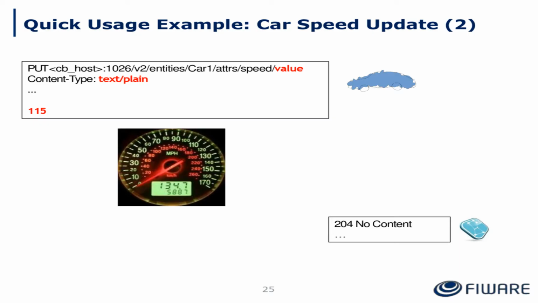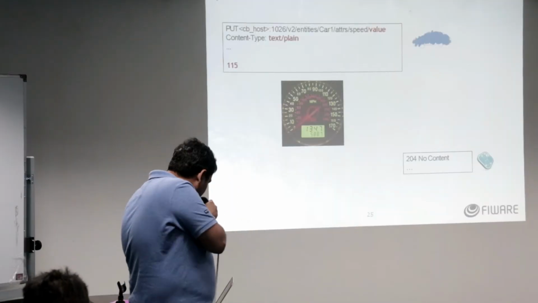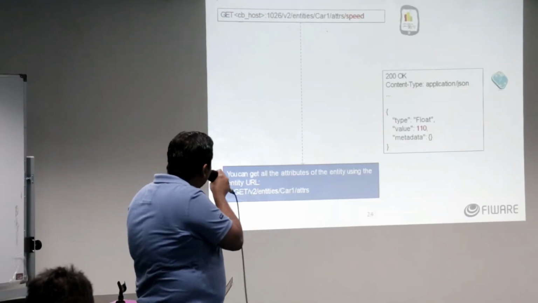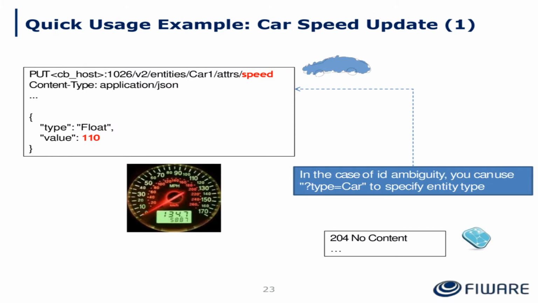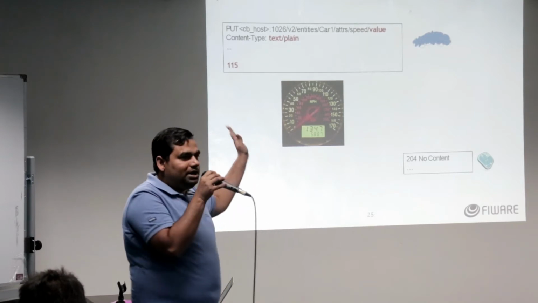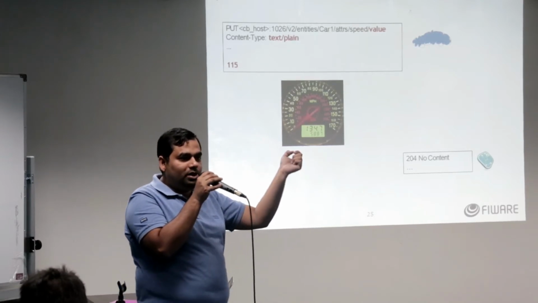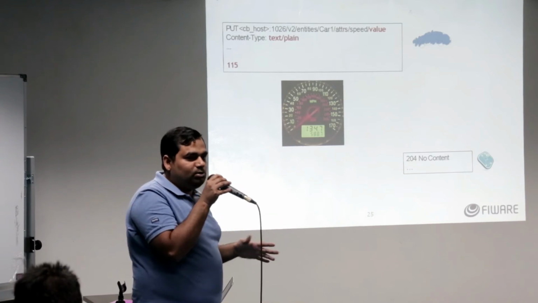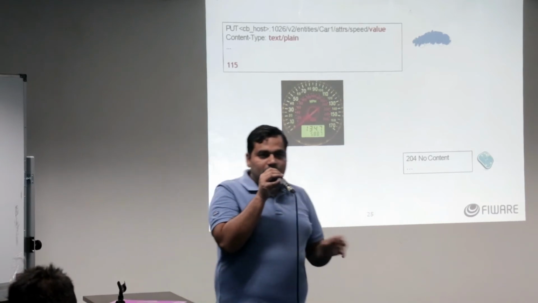And then what else is there? You can do a PUT again. So now that was text JSON. If you want to keep it short, you see here it ends with speed/speed, and if I move here, you can also do /speed/value. So what it does is that you can use text/plain. So you can have just a one-liner body if you want to keep your body small, because the bandwidth is limited.